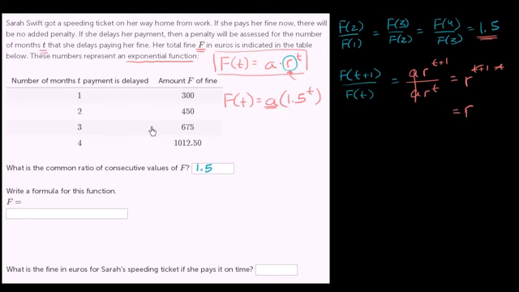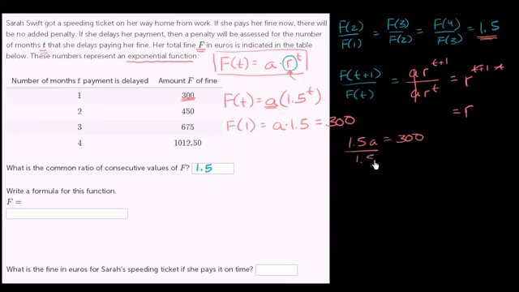We could have used any of these data points to solve for a, but let's do that. f of 1 is equal to a times 1.5 to the first power, or a times 1.5, and they tell us that f of 1 is equal to 300. So another way of writing this is 1.5 times a is equal to 300.